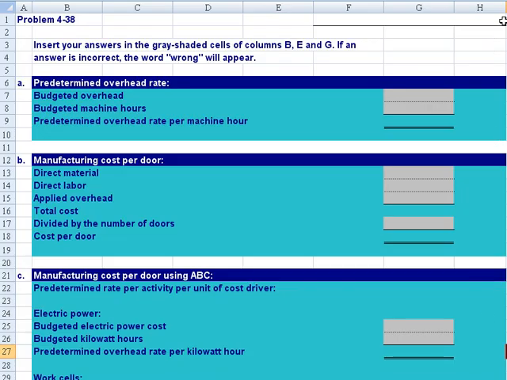Okay, now I've moved to a different spreadsheet, and we'll be able to tackle it using this template. Okay, so the budgeted overhead given on the other page was 5.85 million. 5,850,000 was the dollar amount of the overhead that was given, right?